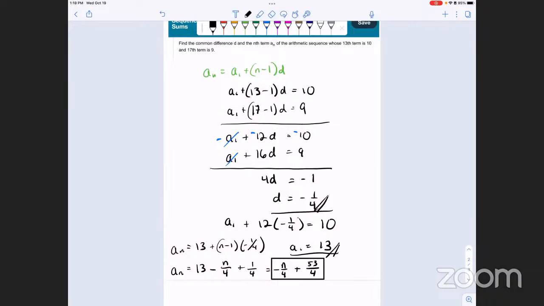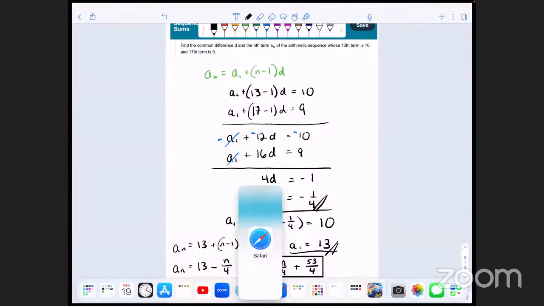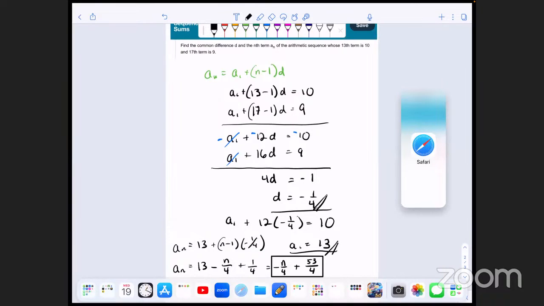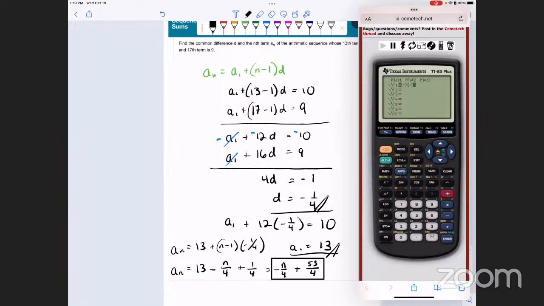I think I'm going to use my calculator. So now the a_n that we got, I'm going to type it as a function: negative, instead of n, I'm just going to put x, divided by 4 plus 53 over 4.